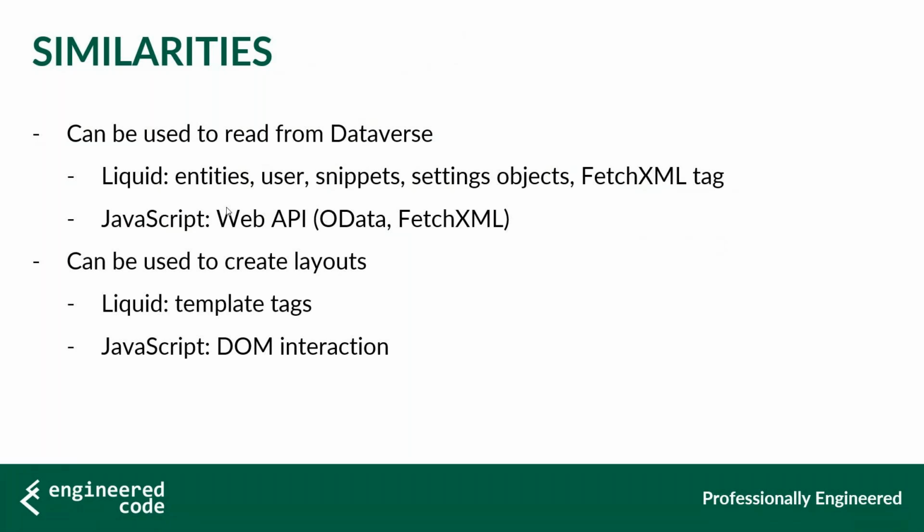With Liquid, you can query the data and then output the data using your templating tags. With JavaScript, you can make a call to the web API, and then you can use DOM manipulation to insert the table into your page. So this is why there tends to be some confusion, people just don't know which one I should be using in which case.